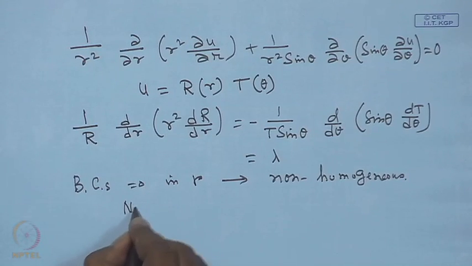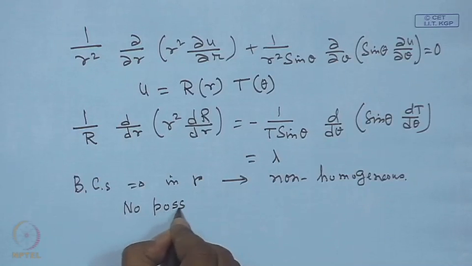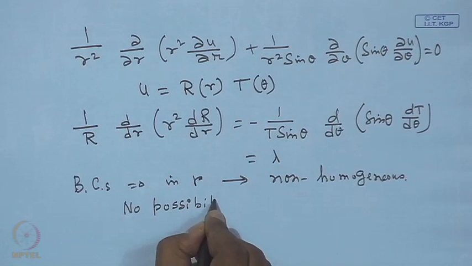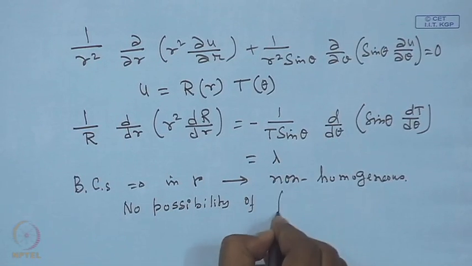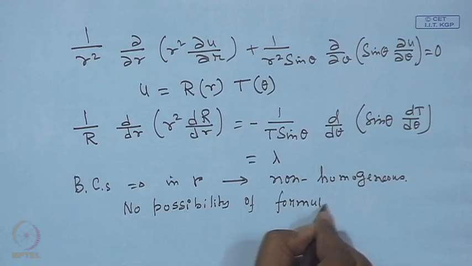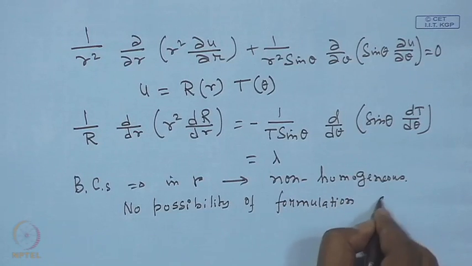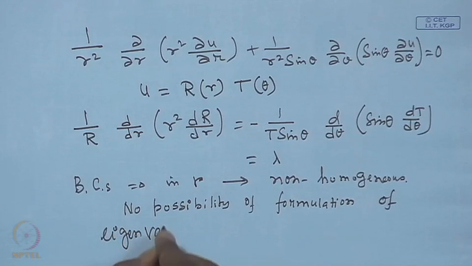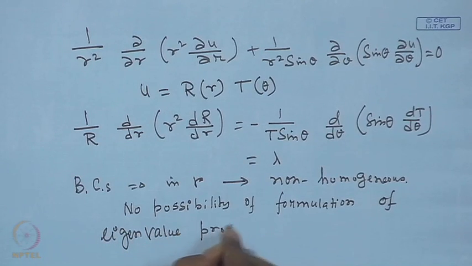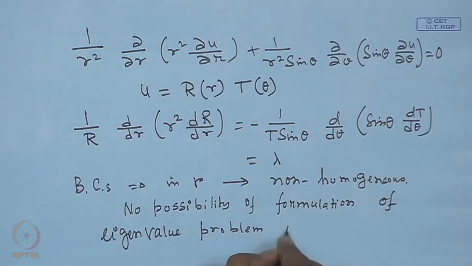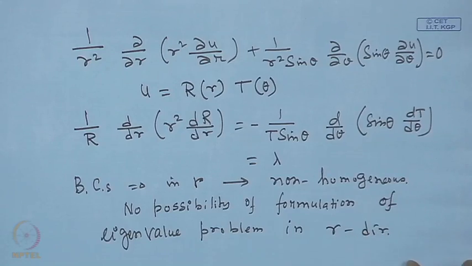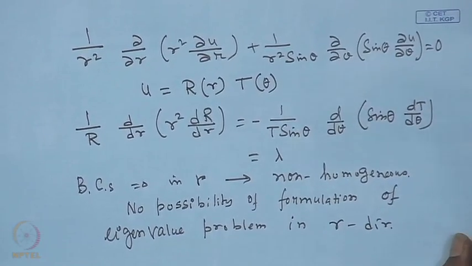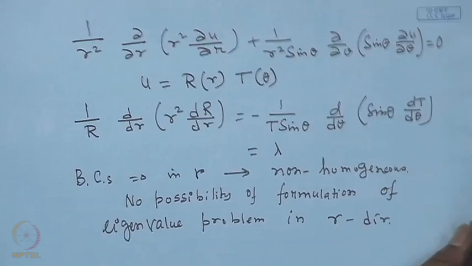So, no possibility of formulation of eigenvalue problem in the r direction, because the boundary condition is not homogeneous on that boundary.